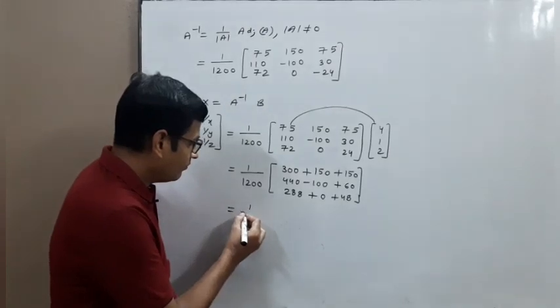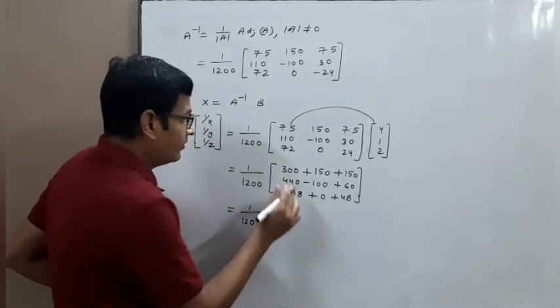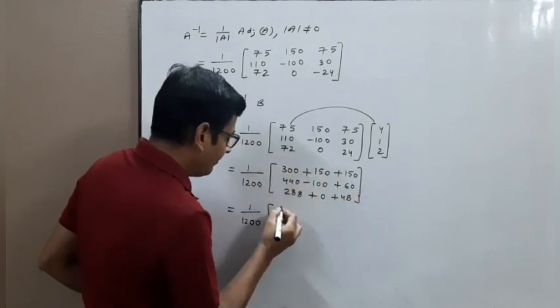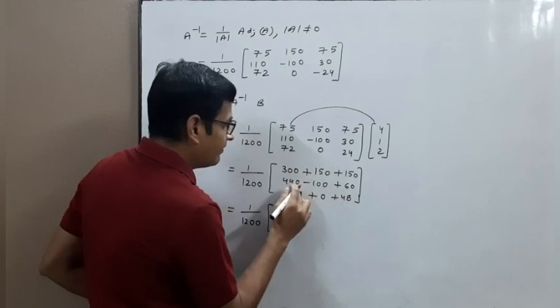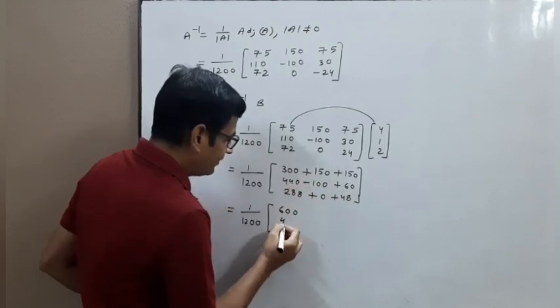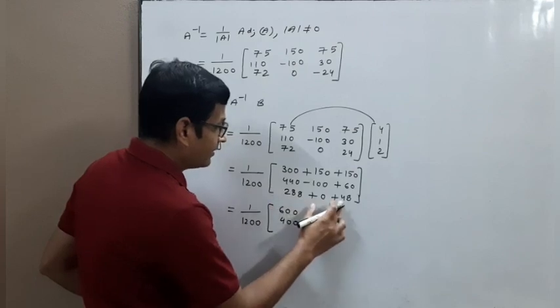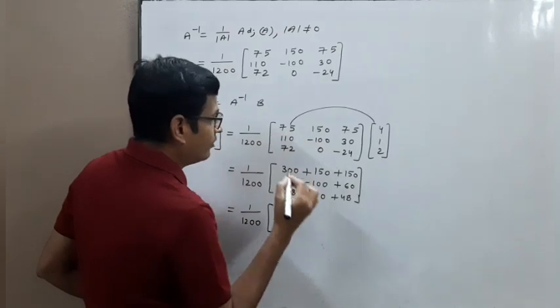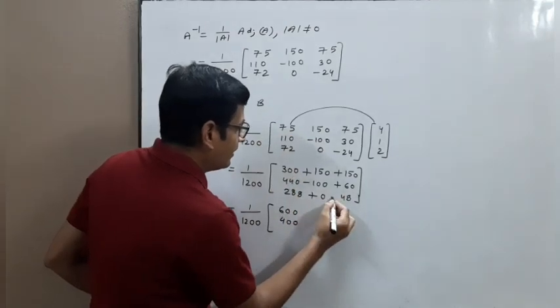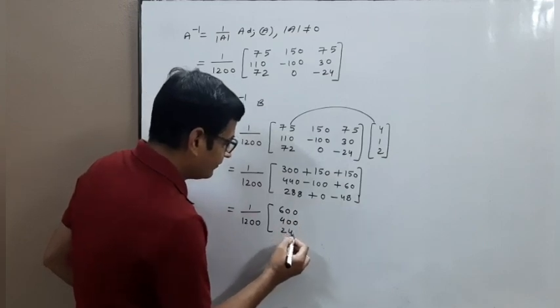Equal to 1 upon 1200: 300 plus 150 plus 150, 600; 440 plus 60, 500, minus 100, 400; 288 plus 48, sorry, minus 24 and here minus 48. So 288 minus 48, 240.